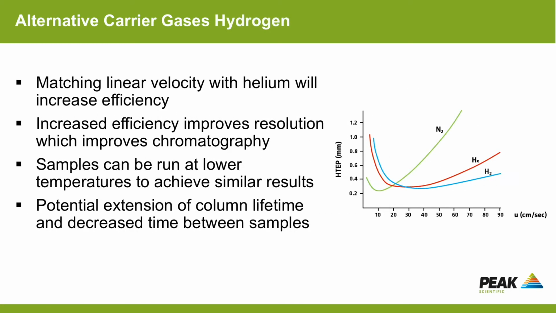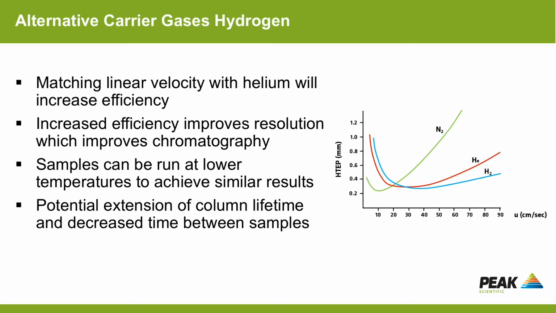Now, just to take a closer look at using hydrogen as an alternative to helium, the graph on the right is a Van Deemter plot which shows the efficiency of separation of hydrogen, helium and nitrogen across a range of flow rates through the column. What you can see is that as we speed up the flow of gas through the column, the efficiency starts to drop off.